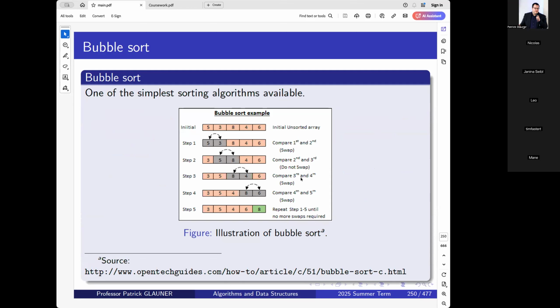Now, maybe the simplest sorting possible is just a random sorting. It's called a BOGO sort. So BOGO sort just means you shuffle your data randomly. You put your data in a random order and you check if it's sorted.